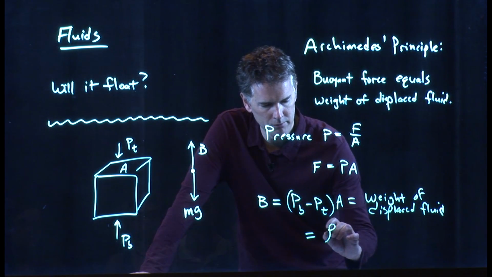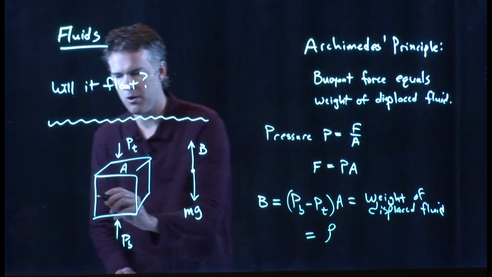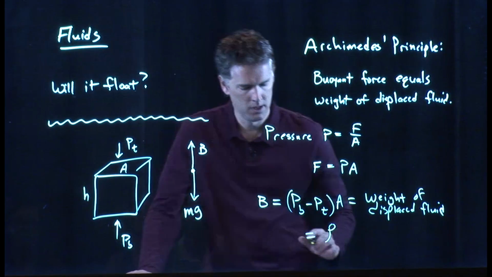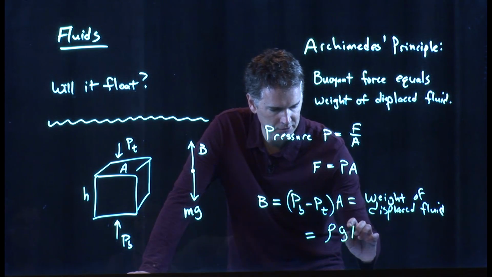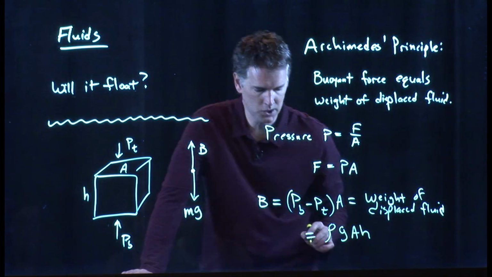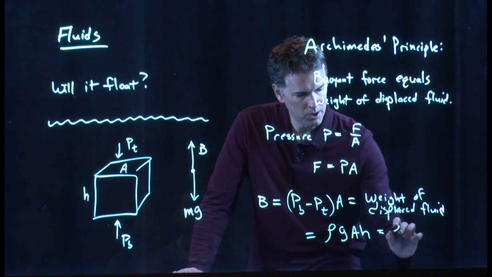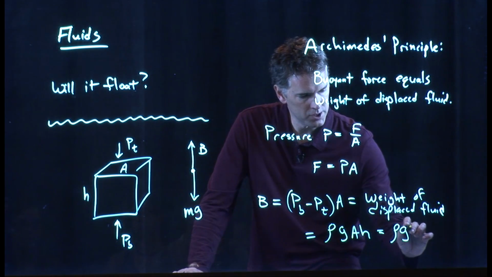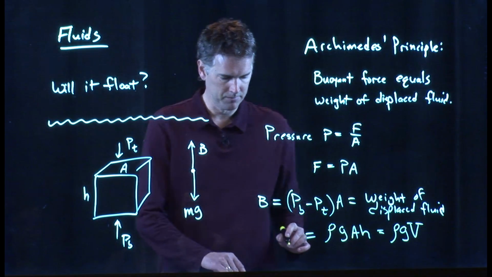Density of water is rho. The box is what? Let's call the height of the box here h. And so we get rho g times A times H, okay, which is the rho of the box, g times volume V of the box.